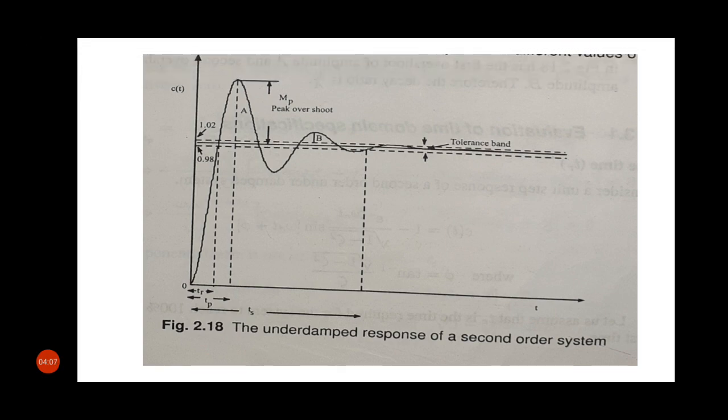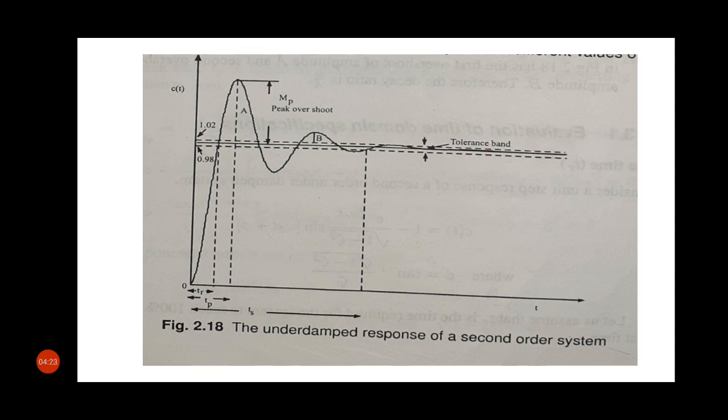Now next is maximum overshoot. Maximum overshoot is a measure of how much the response exceeds the final value following a step change.